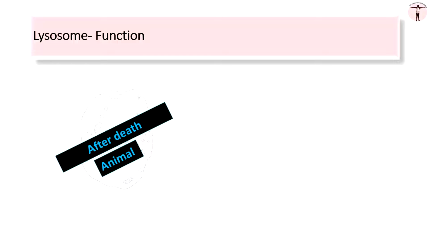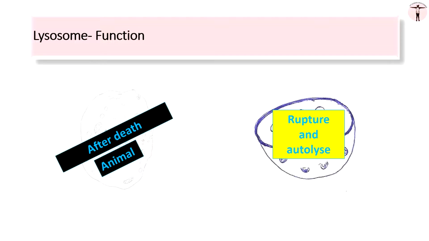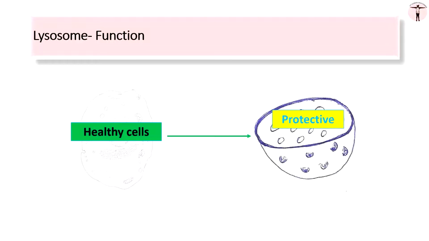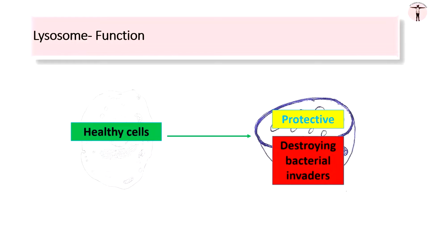After death of an animal, unless the animal is fixed by fixatives, the lysosomes rupture and autolyse, which is nothing but enzymatic digestion of cells by the action of their own enzymes. So this process is called autolysis. In healthy cells, the lysosomes are protective in function by destroying certain bacterial invaders, acting as heterophagic vesicles.